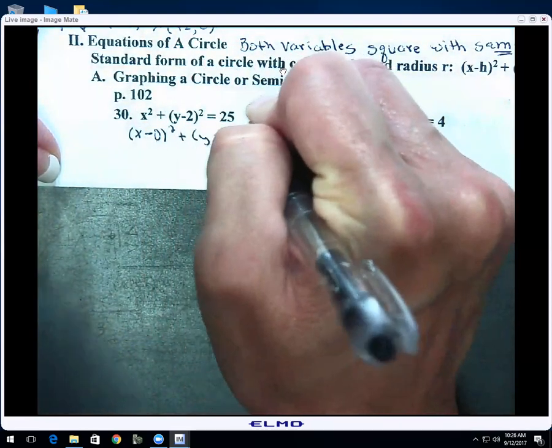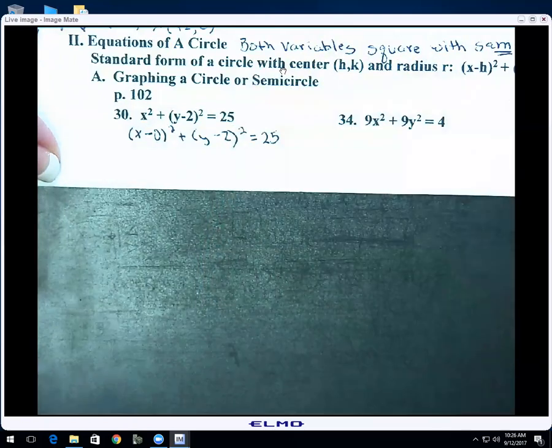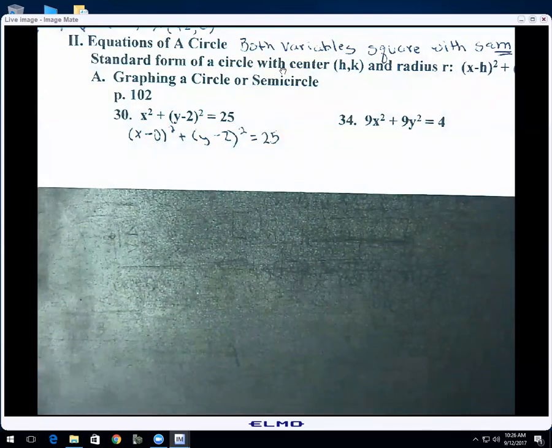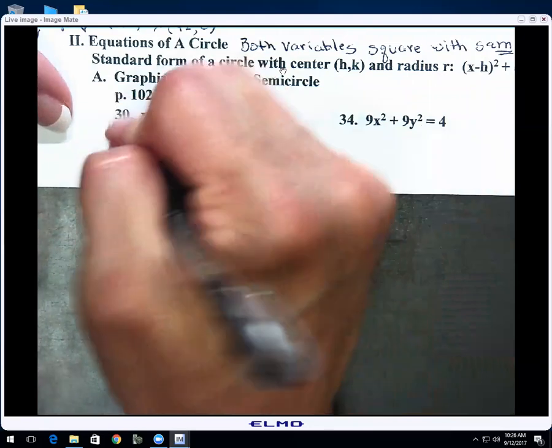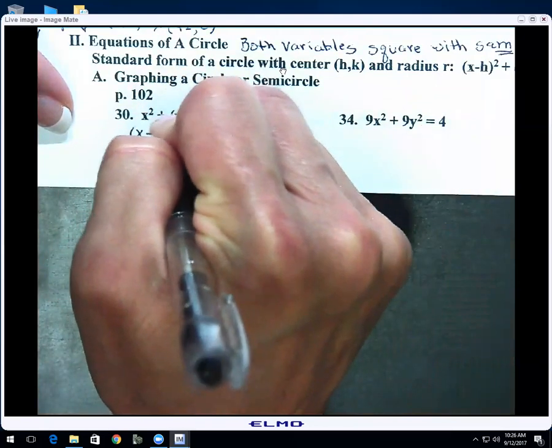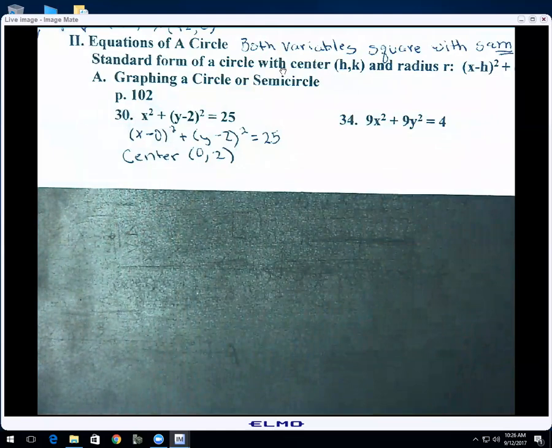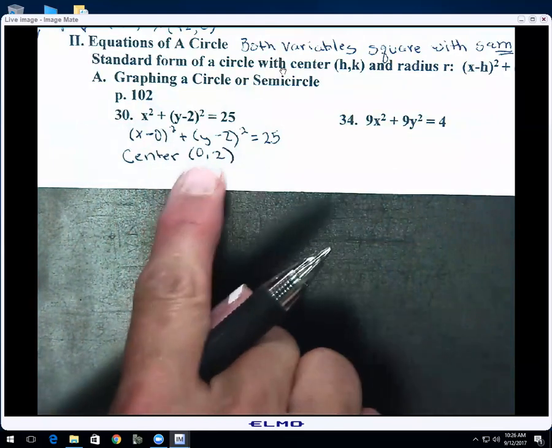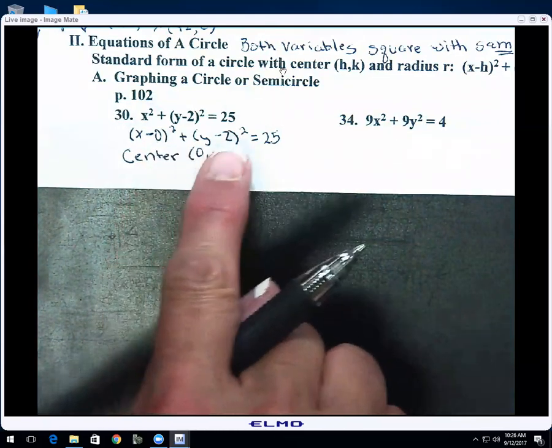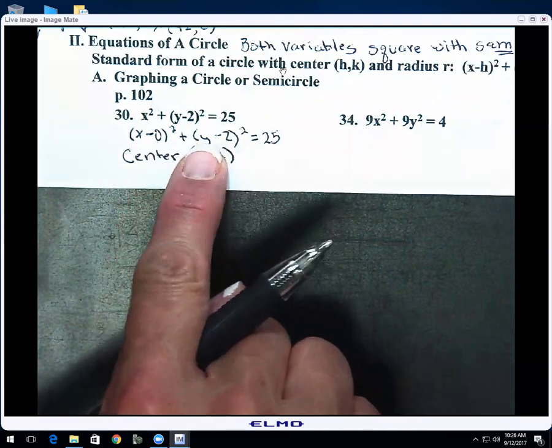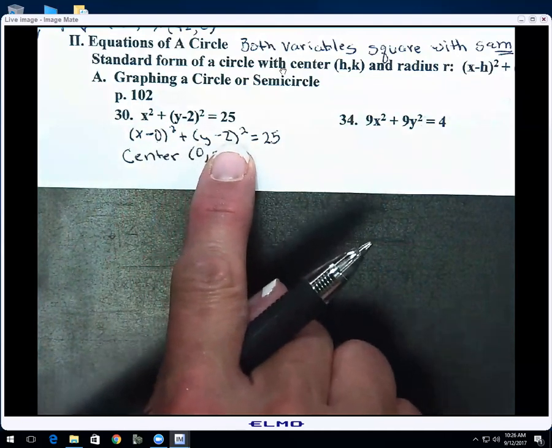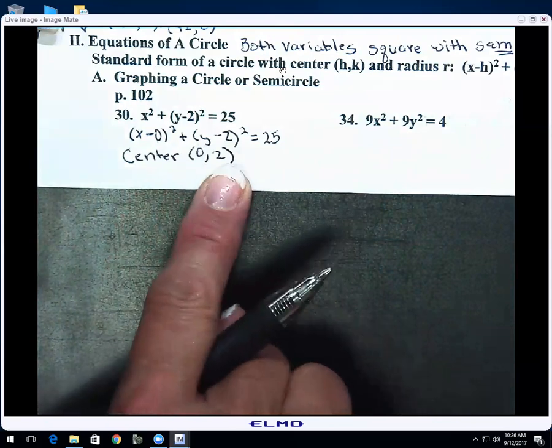So take a stab at that center one more time. It's not 1, 2, it's what? 0, 2. The center is 0, 2. It's what is subtracted from the x and what is subtracted from the y. If I say what's subtracted from that y, the answer is positive 2.